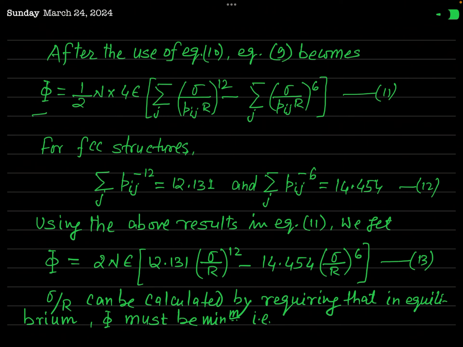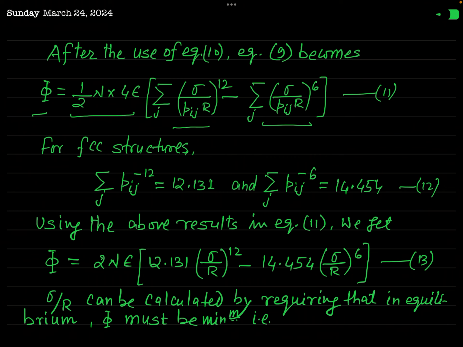You can see that phi will be equal to 1 over 2 n times 4 epsilon times the summation over j of [sigma divided by p ij R, whole to the power 12, minus sigma over p ij R, whole to the power 6].